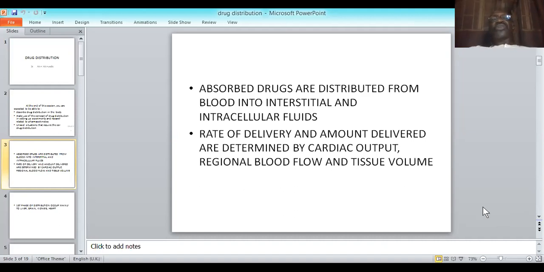In other words, you've learned that there are different routes of drug administration and that after drugs are administered, they are absorbed if given orally, intramuscularly, and through some other routes.